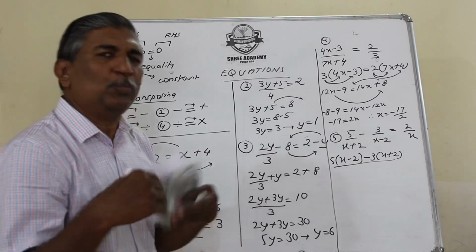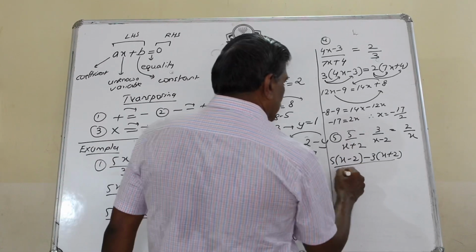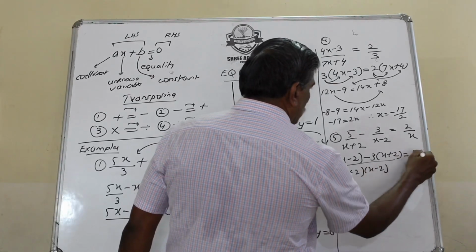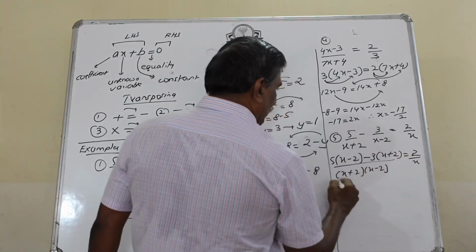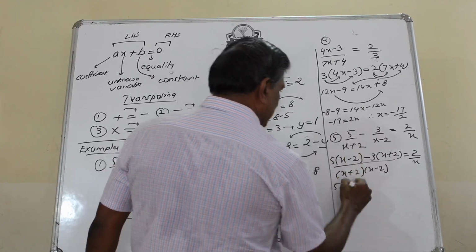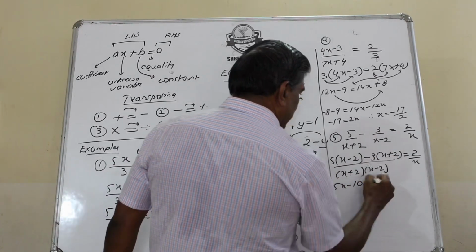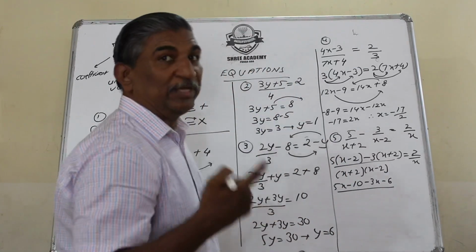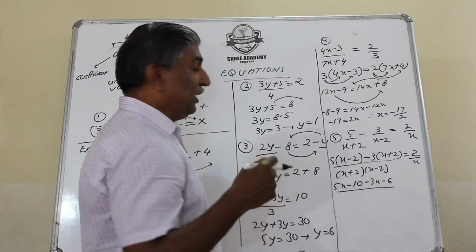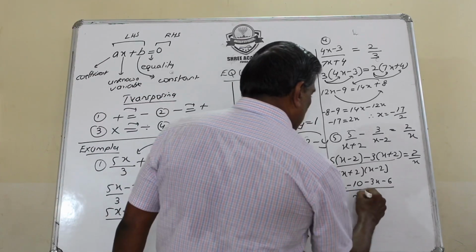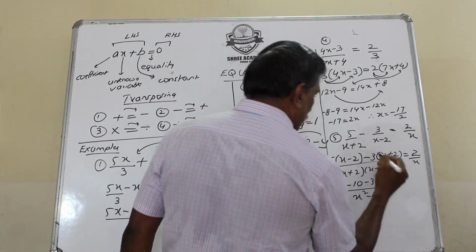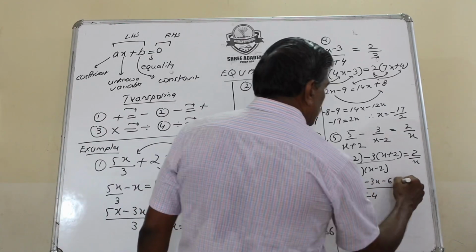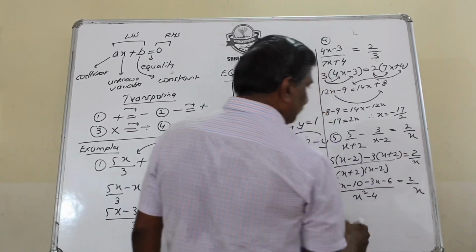LCM is nothing but the product of the denominators, means x plus 2, x minus 2, is equal to 2 upon x. Now when we do this, 5x minus 10 minus 3x minus 6, remember this is your algebraic expression or identity. A plus b, a minus b means this becomes x square minus 4. A plus b, a minus b means a square minus b square. So this becomes 2 upon x.